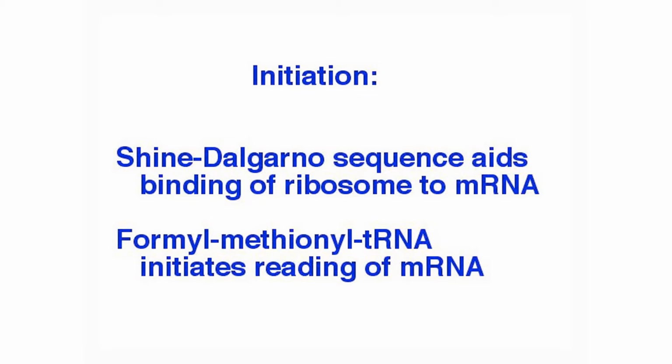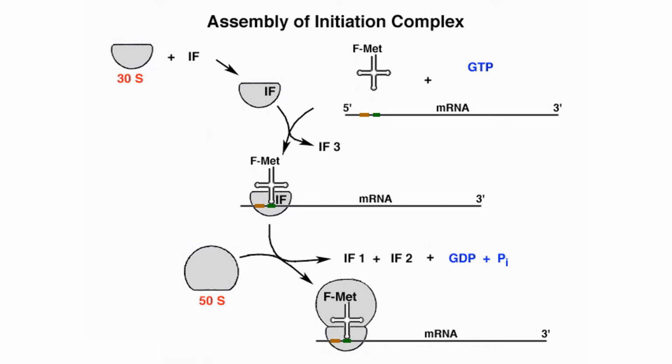The first AUG codon downstream from the Shine-Dalgarno sequence is then recognized by the tRNA carrying f-Met. Initiation also involves various proteins, the 50S ribosomal subunit, and it requires GTP hydrolysis.